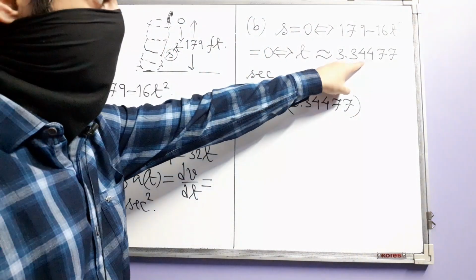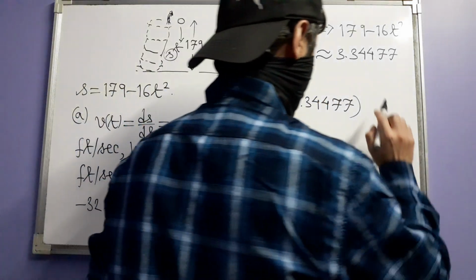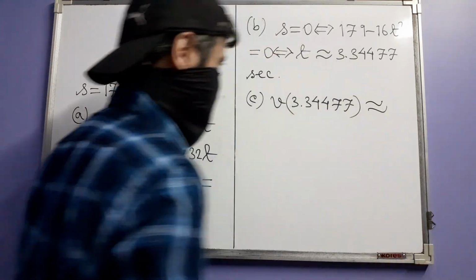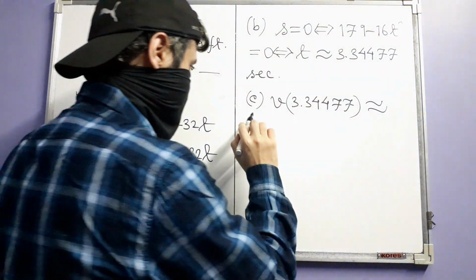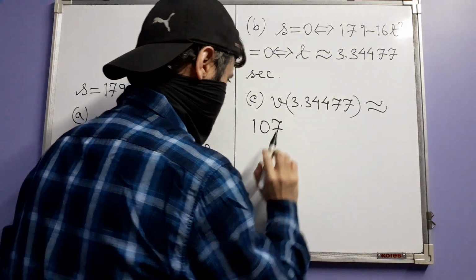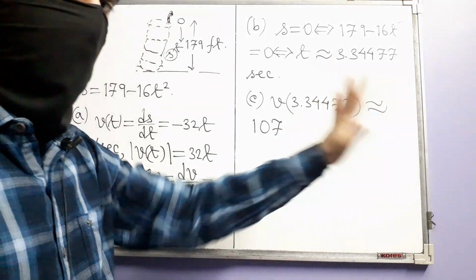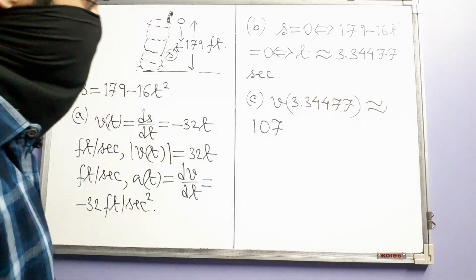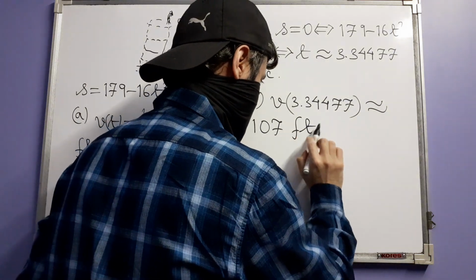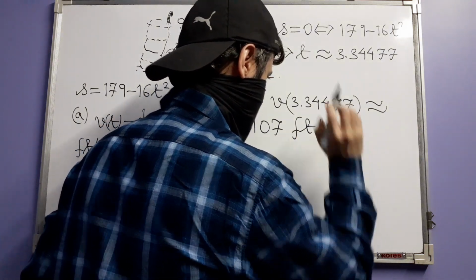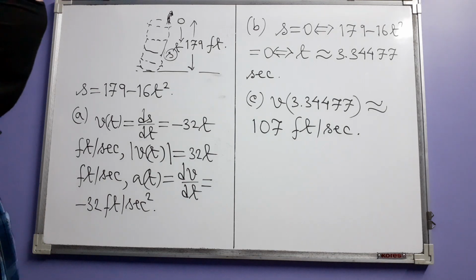Because this value itself is approximate, the speed will also be approximate, approximately equal to 107. I am just directly giving you the values, so the verification of these numerical things is left to you. Feet per second. Okay, so 107 feet per second.